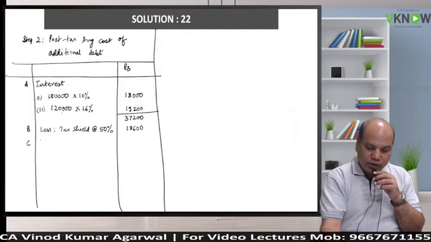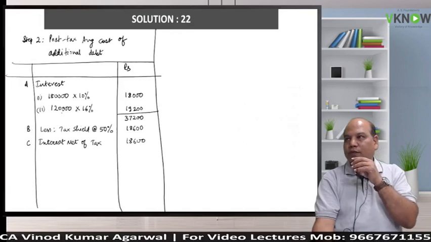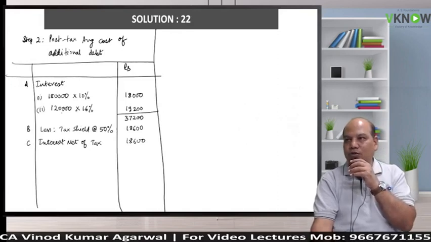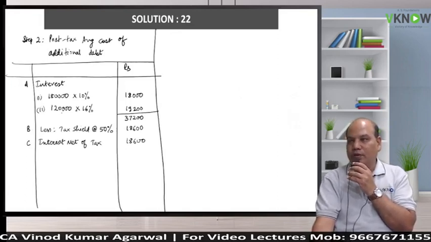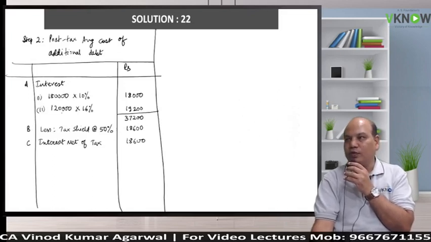So what is the interest net of tax? You are effectively paying 18,600 only. Net outflow would be 18,600. You will pay 37,200 and you will save 18,600. So my net outflow will be 18,600.